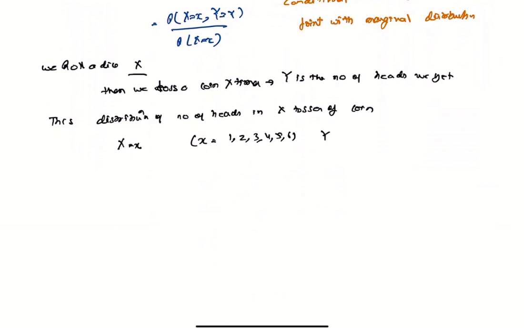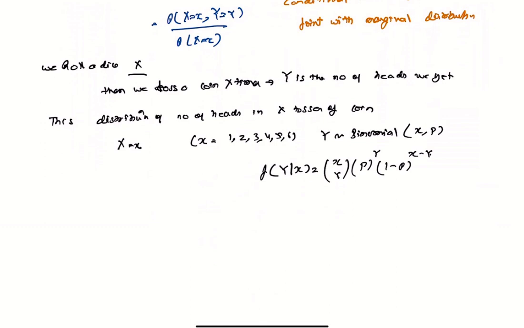Thus y's distribution is just going to be a binomial distribution with parameters x and p. So f of y given x is just going to be x choose y, the number of heads, times p to the power y, and 1 minus p to the power x minus y.